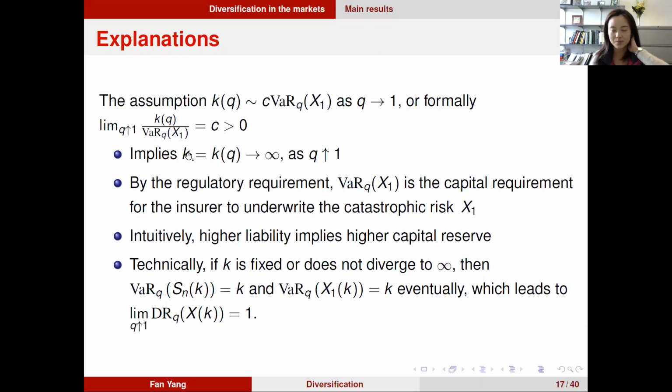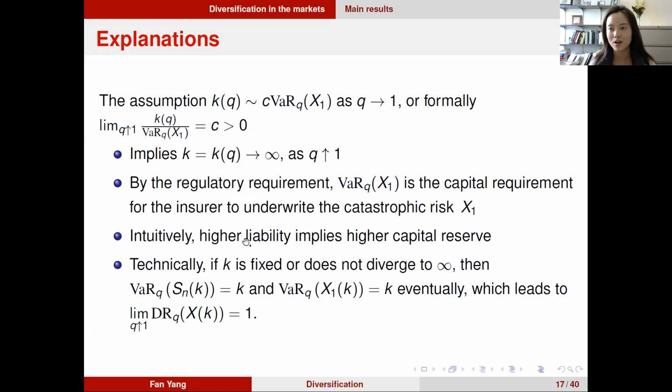So how do we interpret such an assumption? First of all, by the regulatory requirement, the VaR can be understood as a capital requirement for the insurer to underwrite the X. So if the insurer wants to insure the X, then they have to prepare accordingly this amount of capital to underwrite this X. Intuitively, higher liability requires a higher capital reserve.